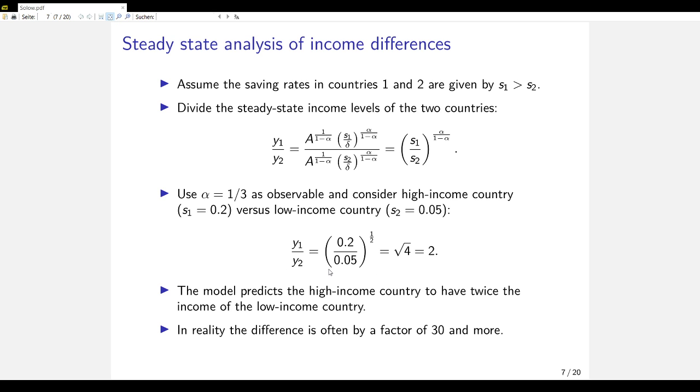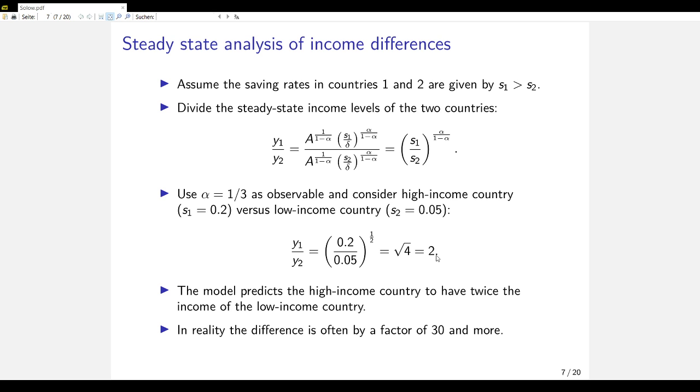So the ratio of the per capita GDPs of the two countries that the Solow model would predict simply based on the difference in the saving rate between these two countries would be a factor of 2. So the Solow model would predict that the country with the higher saving rate would have twice the income level as the country with the lower saving rate.